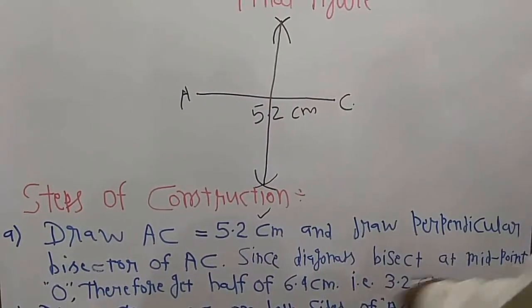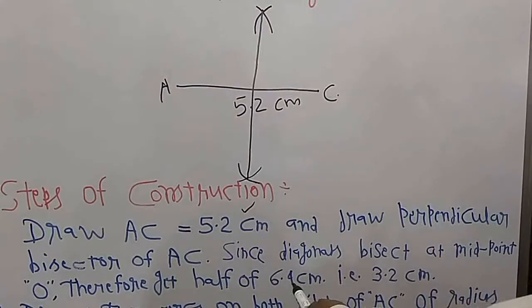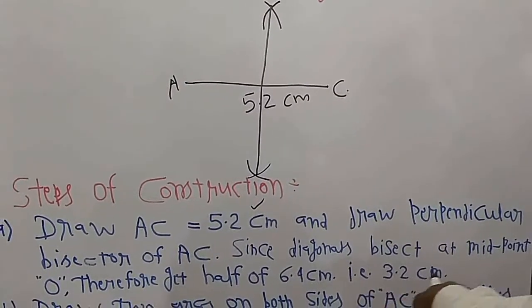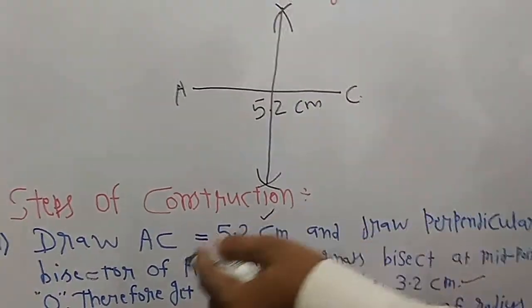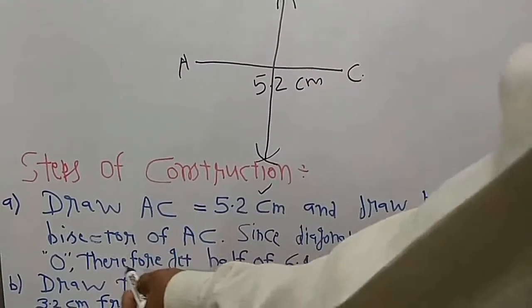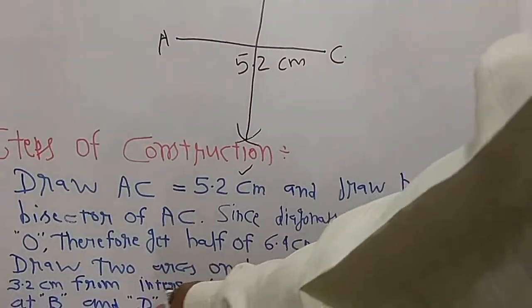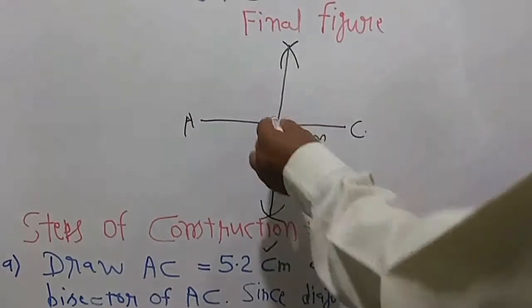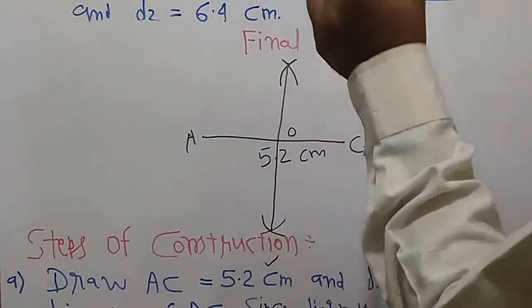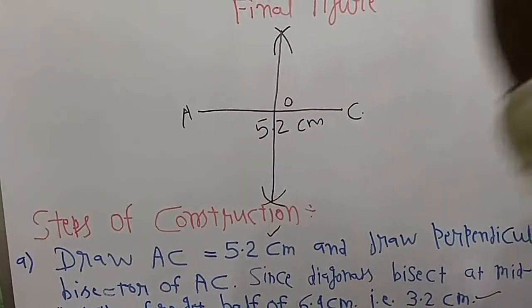Now the bisected midpoint is O, therefore we get half of 6.4 centimeter, that is 3.2 centimeter. Now the next step: draw two arcs on both sides of AC of radius 3.2 centimeter from intersection point O. This intersection point is called O. Now we open our rounder to 3.2 centimeter.